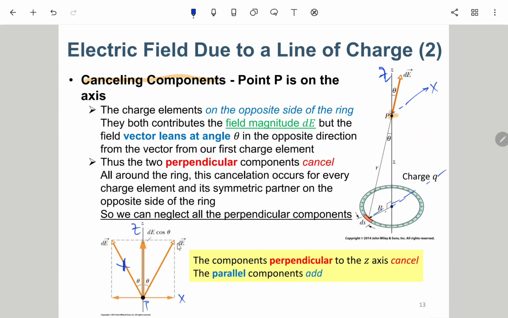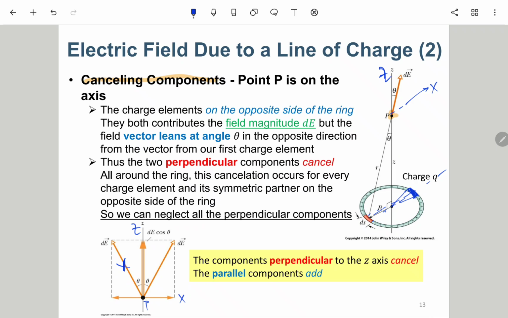And then you can decompose this dE along the x and z-axis, so that it has this z-axis component and x-axis component. Okay, so this is pretty much for this one. And then, as much as this is a perfect circle, you can always find the part that is symmetric to this part.